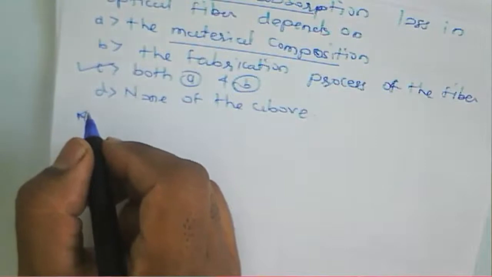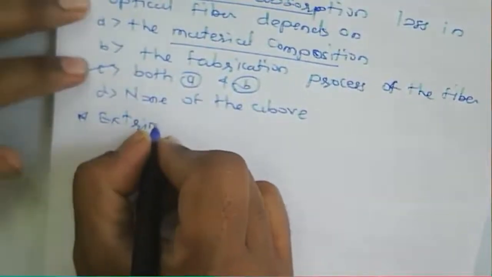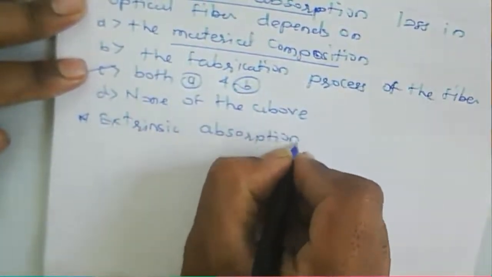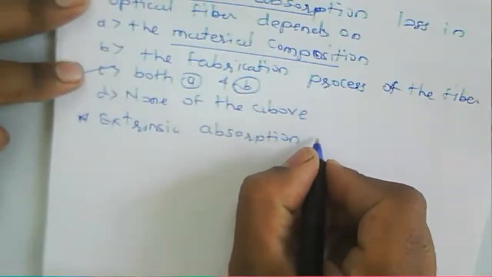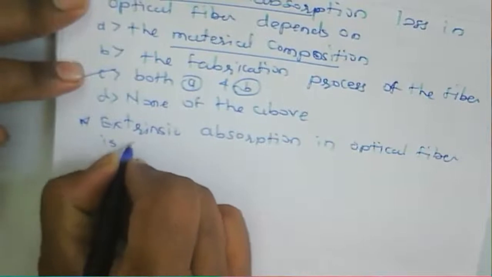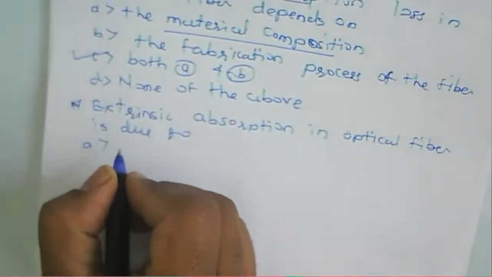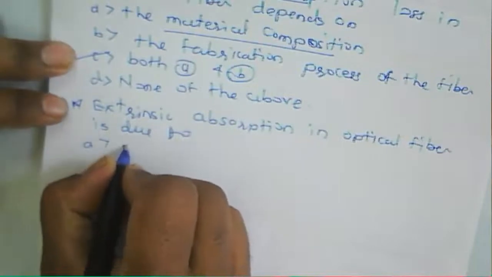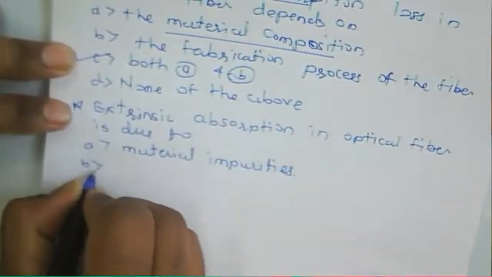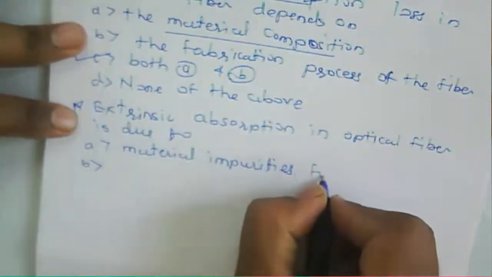Next one, extrinsic absorption in optical fiber is due to A, material impurity found in glass.